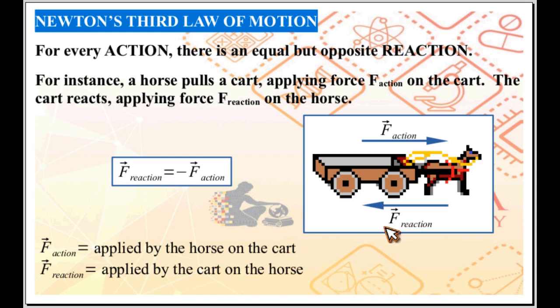Whereas F reaction is applied by the cart on the horse, so it's applied on the horse. So the two forces are applied on two different objects. They do not cancel out. So again, Newton's third law of motion: for every action, there is an equal but opposite reaction.